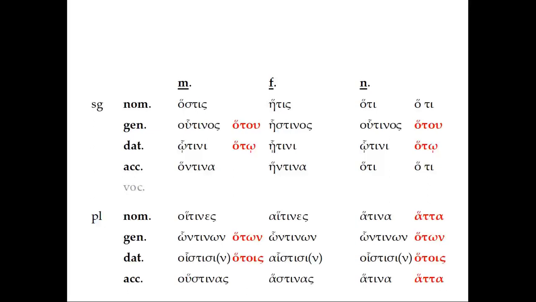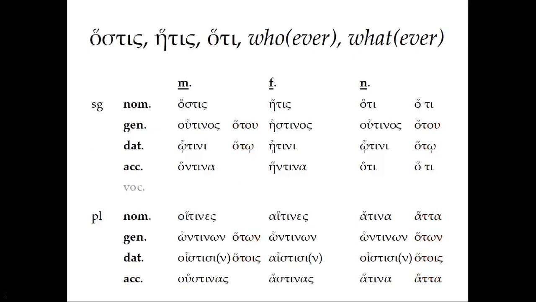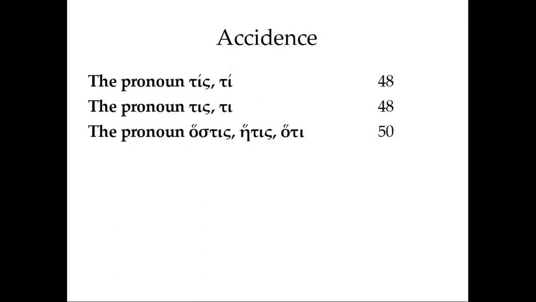And these are common enough that you want to know where to find them and what they might mean. So these are the typical forms and the alternative forms of hostis, hētis, ho ti: who, whoever, what, whatever. For the endings, you want to look at pages 48 and 50 for all of these. You'll probably be using these charts quite a bit, so know where they are.